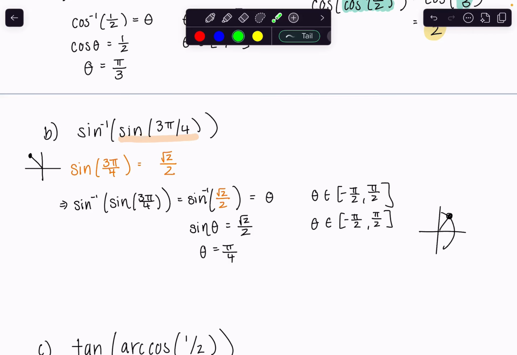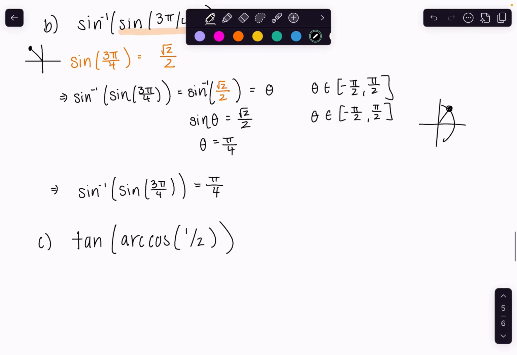Okay. So you see, I'm not going to get cancellation. The angle ends up having to change because 3 pi over 4 is in quadrant 2, and that is not an angle that can be output for my sine inverse sine function. So overall, this expression, sine inverse of sine of 3 pi over 4, actually gives us the angle pi over 4. Okay.